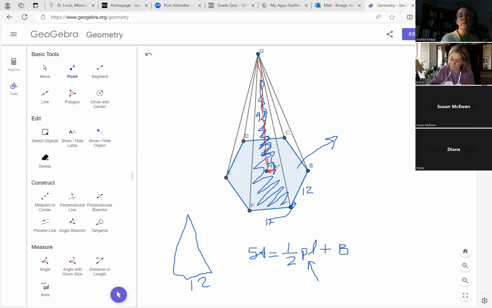Oh, no, never mind, I'm sorry. Wait, so 9 is the height, the leg of that right triangle. The slant height will be the hypotenuse. That's what we have to solve for. But what's going to be that other leg? Wait, hold on. What about the perimeter?